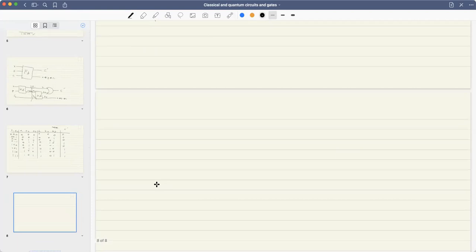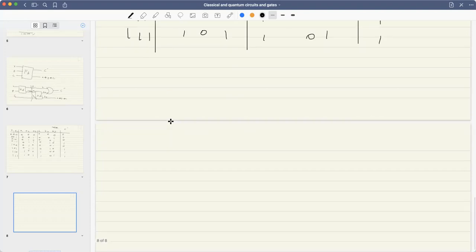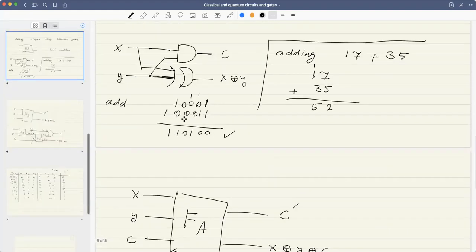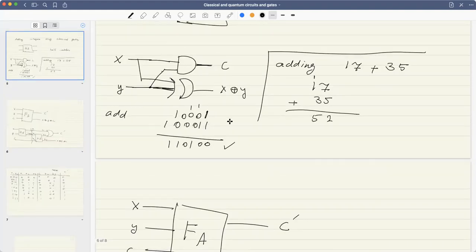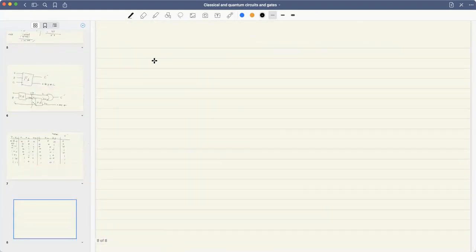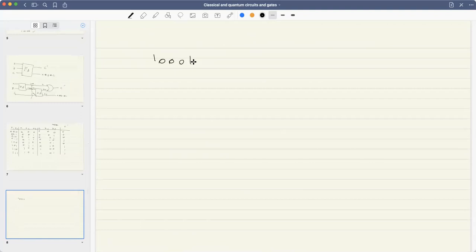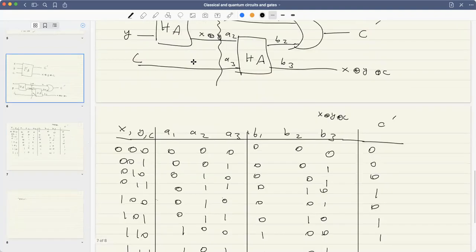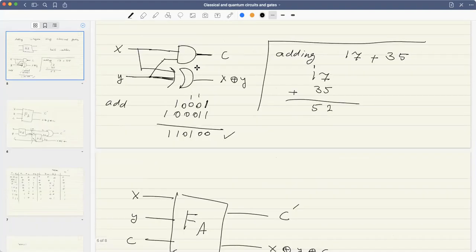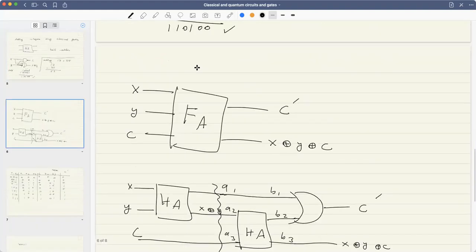Let's go back to our example here: 17 and 35, so 1, 0, 0, 0, 1, and 35 was 1, 3 zeros, 1, 1.